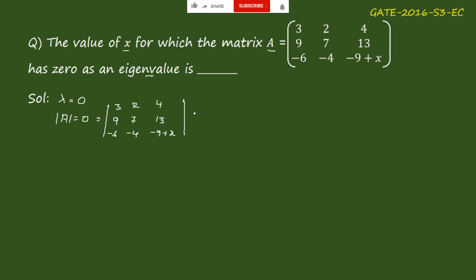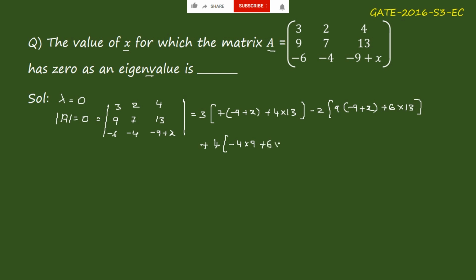So it becomes 3 into (7 into (-9 plus x), minus 13 into -4, which becomes plus 4 into 13), minus 2 into (9 into (-9 plus x), minus 13 into -6, which becomes plus 6 into 13), plus 4 into (9 into -4, minus 7 into -6, which becomes plus 6 into 7).